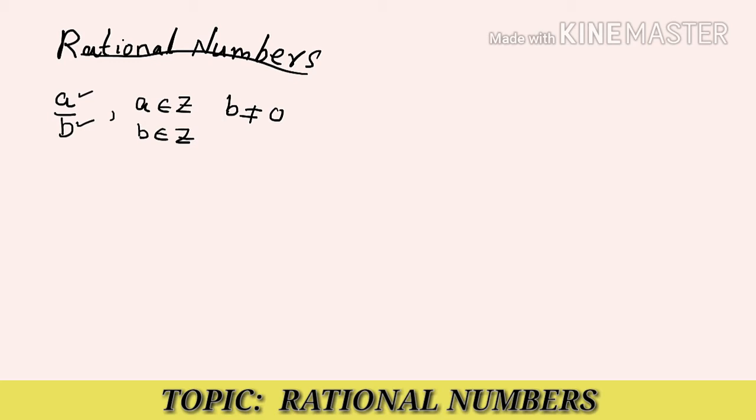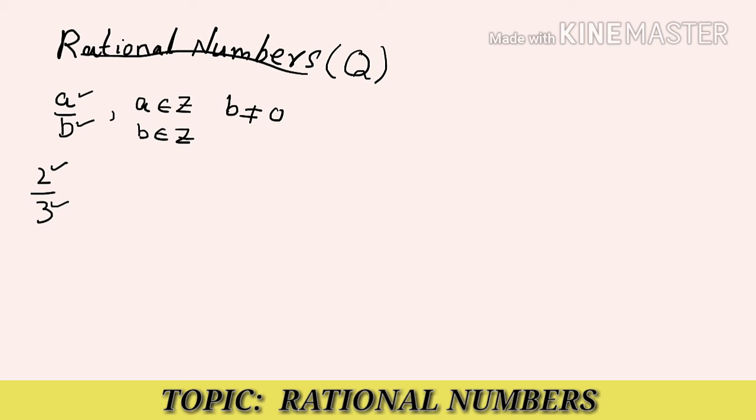For example, 2 over 3 is a rational number, and the set of rational numbers is represented by Q. Now we can see here 2 is an integer, 3 is also an integer.